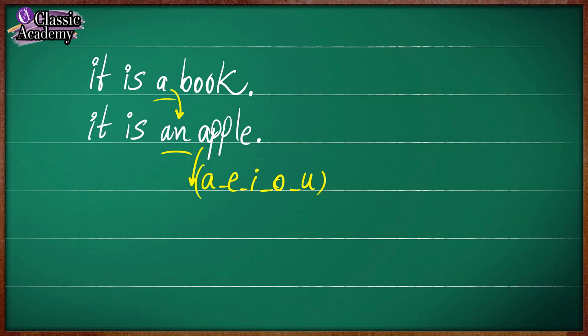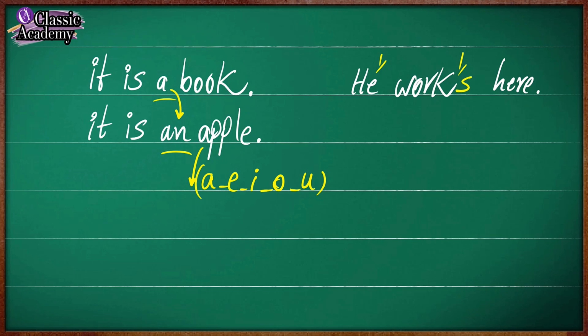We have work. Say, he works here. But this is one single person. We are going to show that the verb is for one single person too, so we put S here.